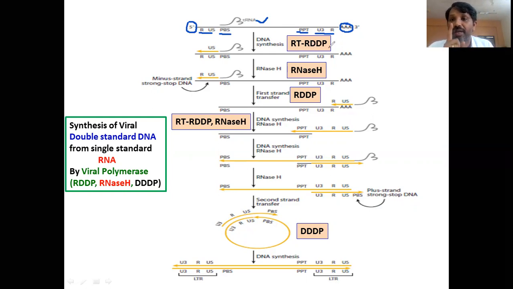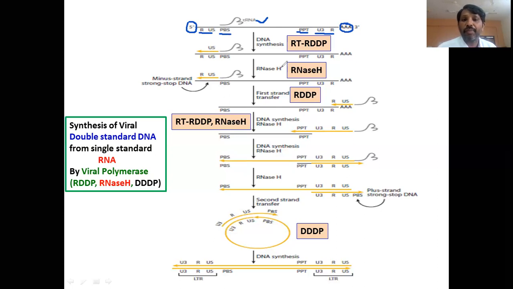So reverse transcriptase has RNA-dependent DNA polymerase activity. The tRNA is used as a primer, and the reverse transcriptase amplifies from the PBS to R at the 5' end region.